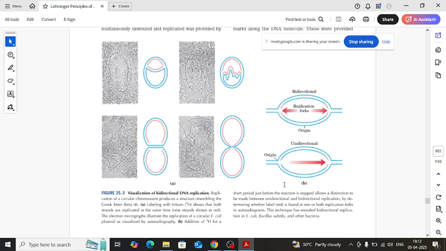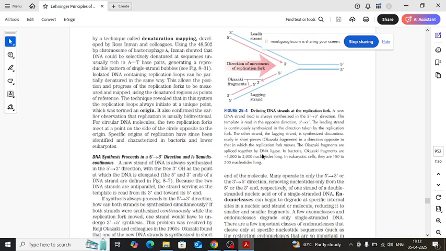And this is an example of a unidirectional replication where the fork will move in only one direction. If you can see this diagram, this red one is the newly incorporated nascent dNTPs. They are being incorporated in both directions, here also and here also, right? So this is bidirectional DNA replication, right?